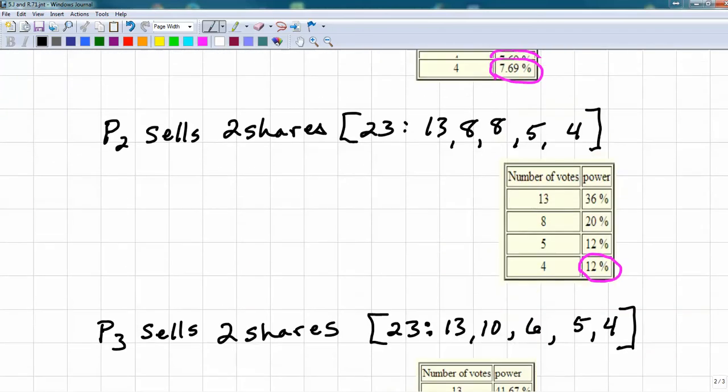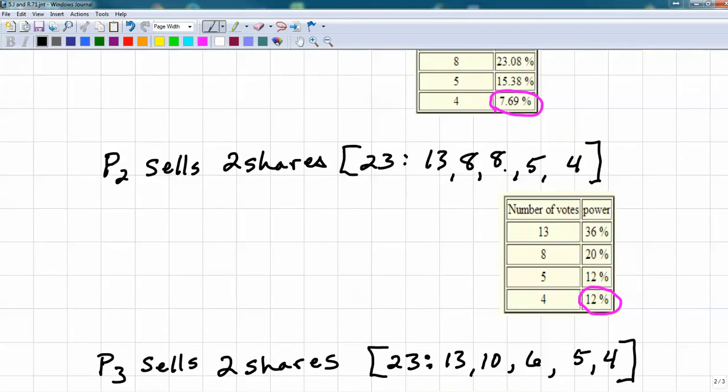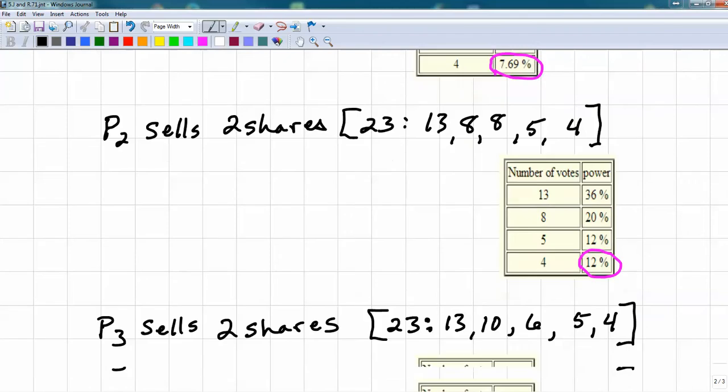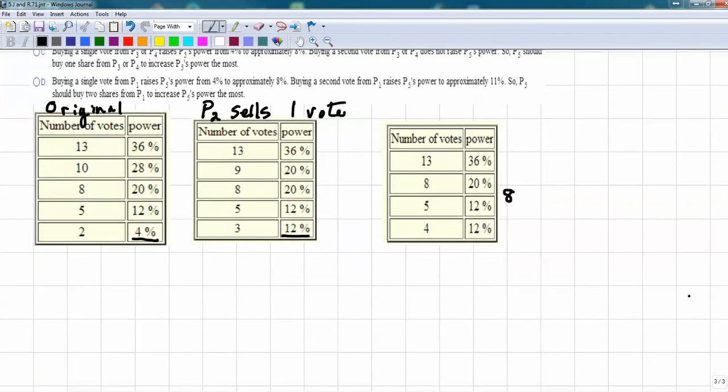So what do we notice? We note that P sub 5 starts out at 4%, buys 1 share, ends up at 12%. And even if P sub 5 were to buy another share, they would still be at 12%. So this is P sub 2 sells 2 votes.